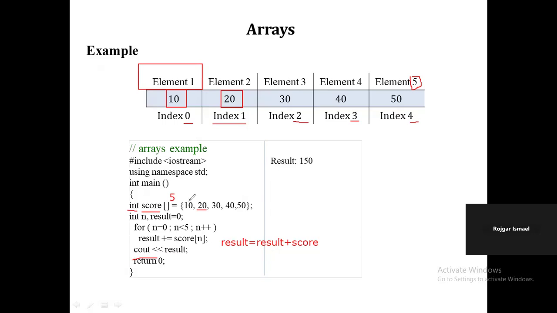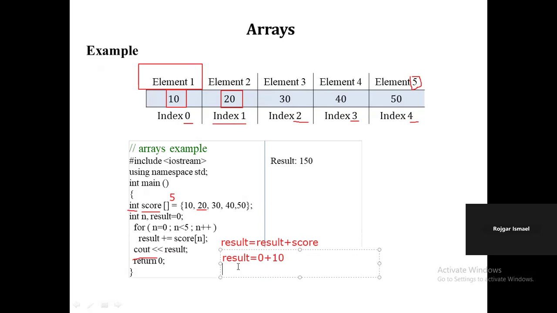So since we said result equal to result plus score, at the first, result equal to 0. Let me edit this one. The first result, the result we declared initially is 0, plus the first element is 10. This is the first iteration.